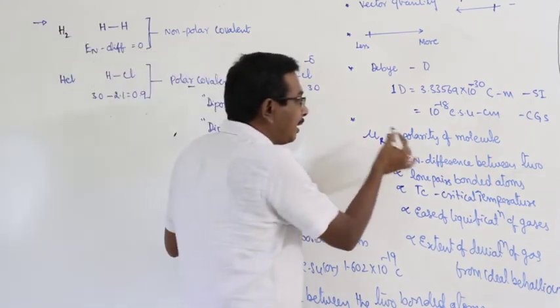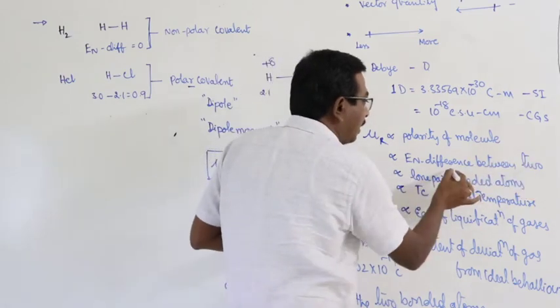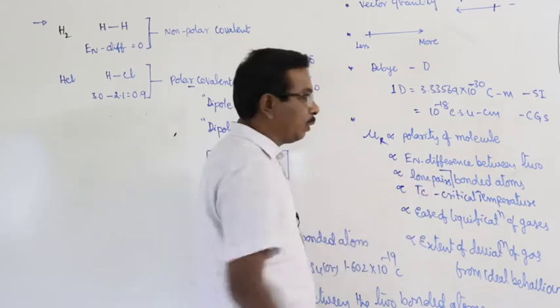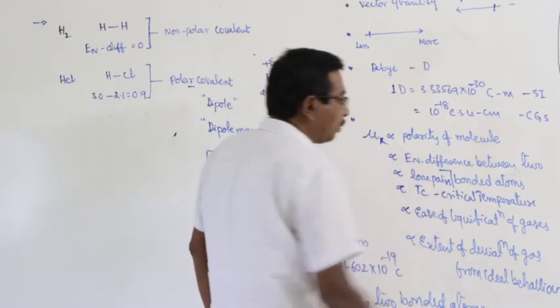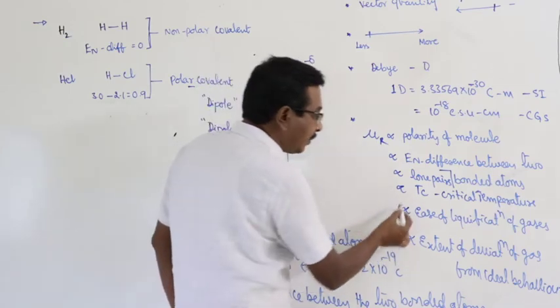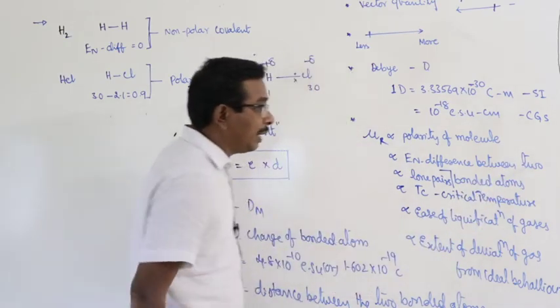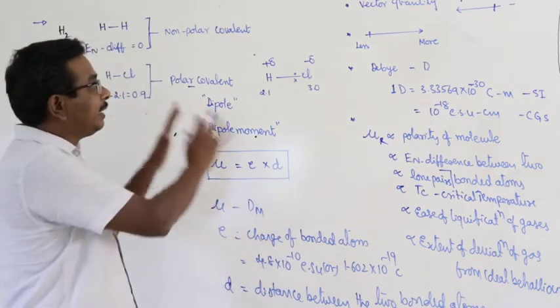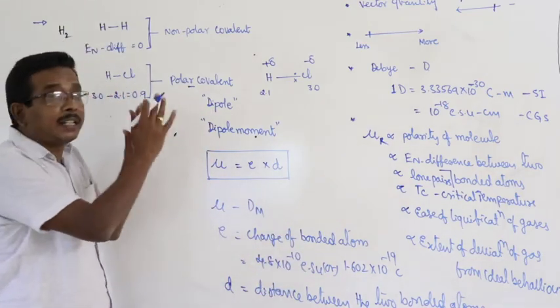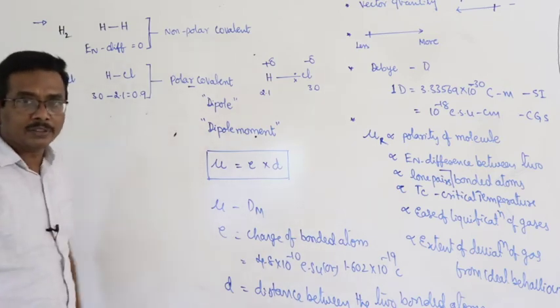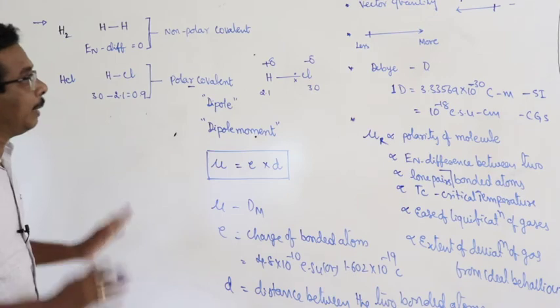Here dipole moment is directly proportional to the electronegativity difference between the two bonded atoms, directly proportional to lone pairs, directly proportional to critical temperature, directly proportional to ease of liquefaction of gases, directly proportional to extent of deviation of gases from ideal behavior. This is the information related to dipole moment.